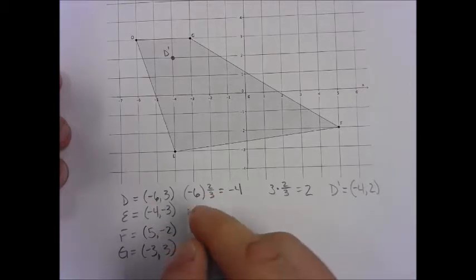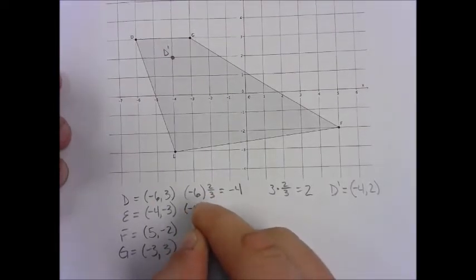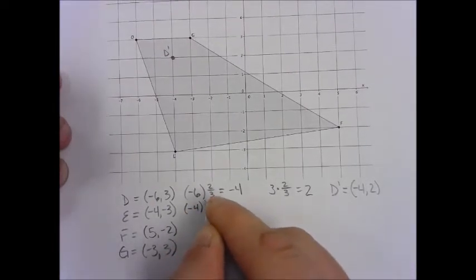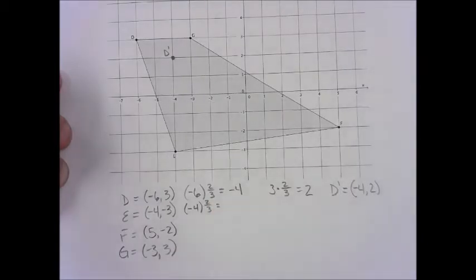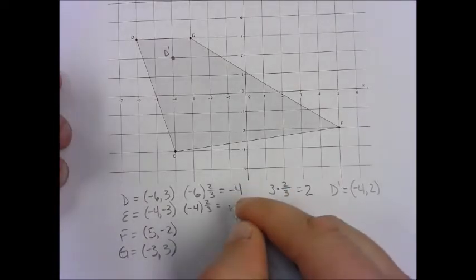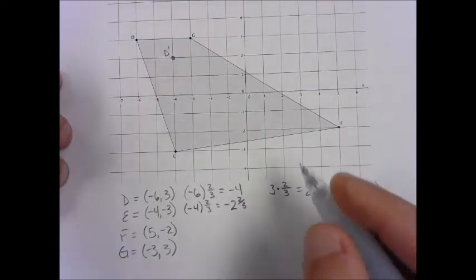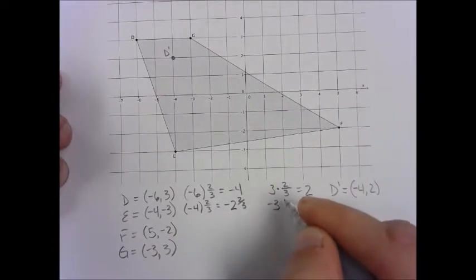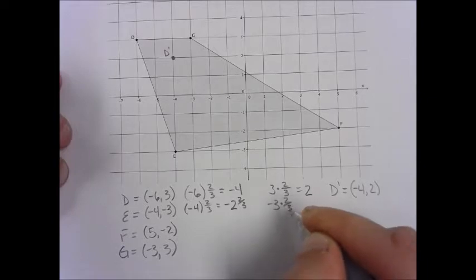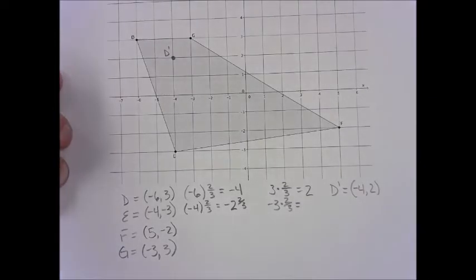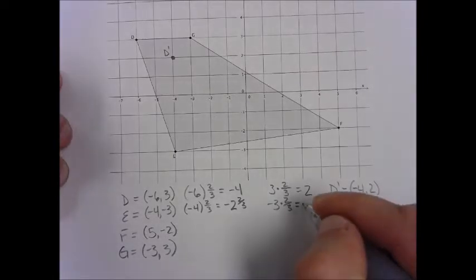So again, looking for my x coordinate, -4 times 2/3 equals -2 and 2/3. And the same thing for my y, -3 times 2/3 equals -2.